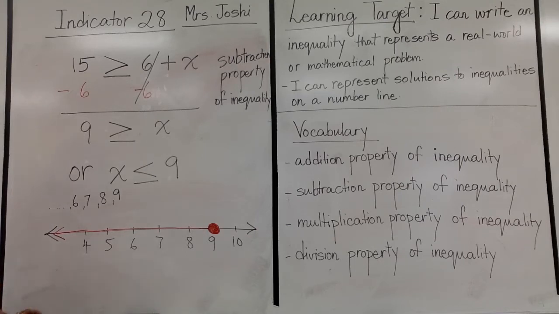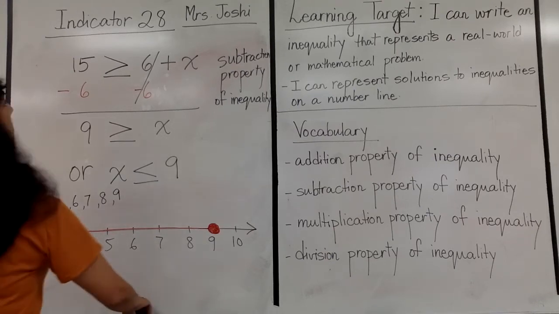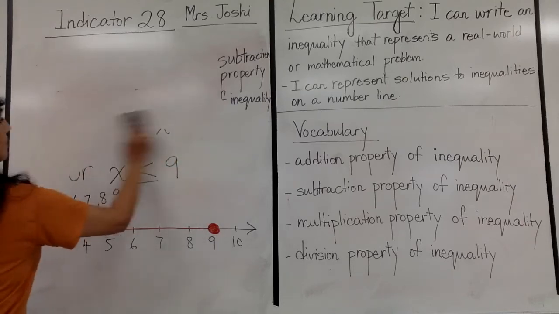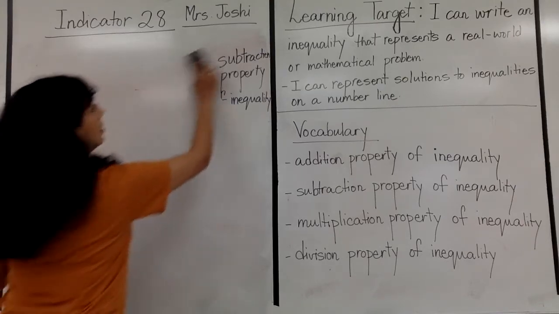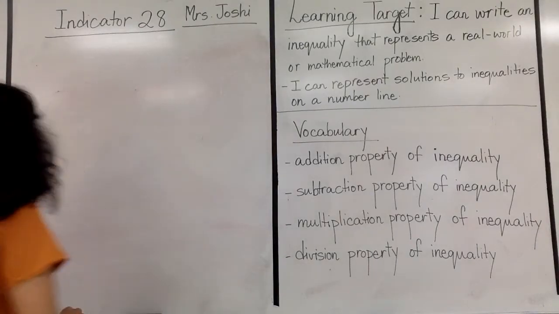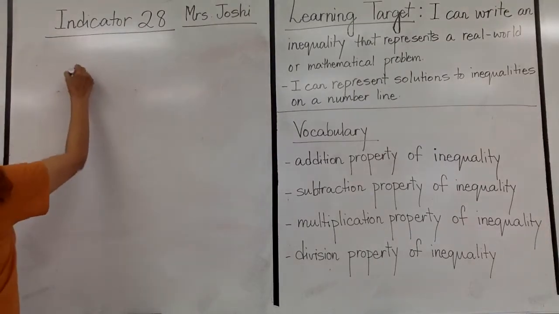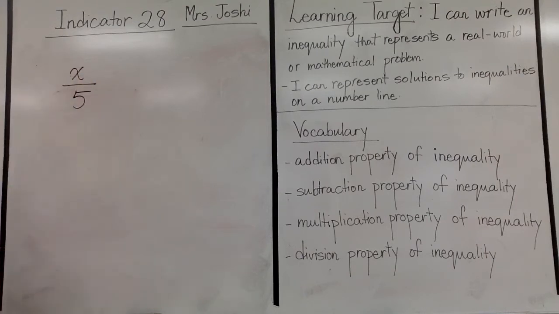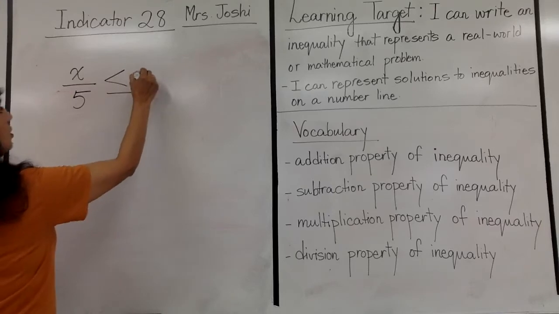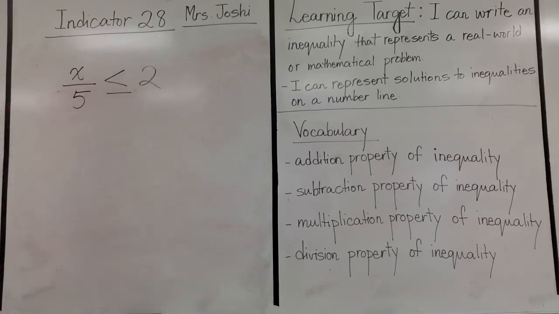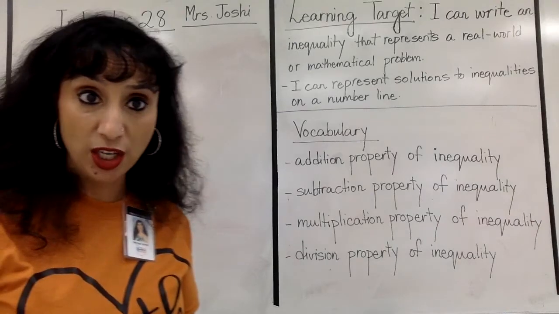All right, so just wanted to show you the addition and subtraction, and now let's go on to multiplication and division. Okay, so if I give you a problem that says x over 5 is less than or equal to 2, please remember the fraction line means division.